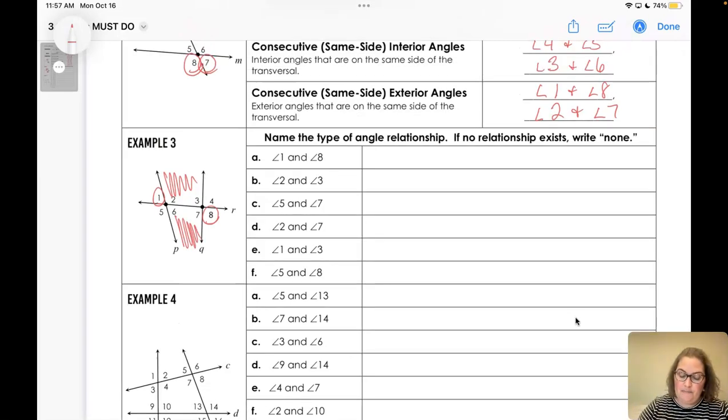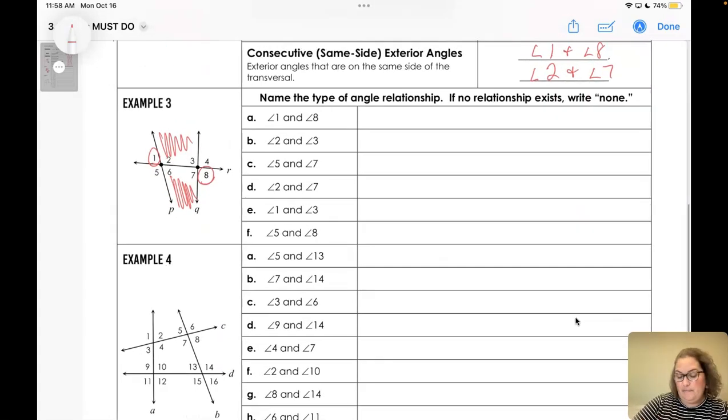So these are going to be, make sure I use the right terminology here, alternate exterior. And we can abbreviate, which I will do as we go along here.